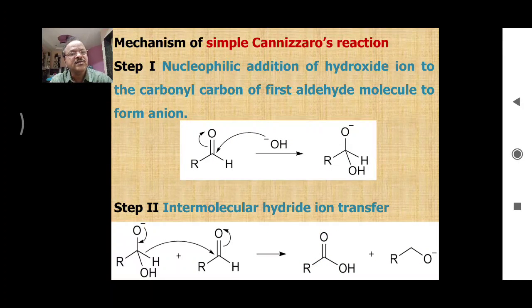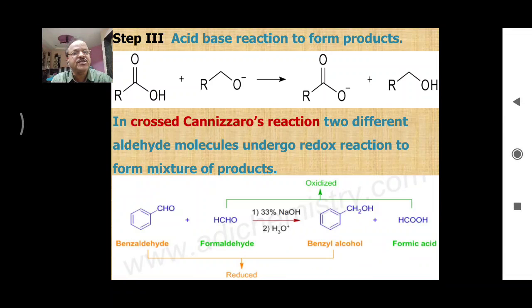Now this is the RCH2O minus, and this RCH2O minus and this acid undergo acid base reaction in step number 3, acid base reaction to form products. So this is the acid which is obtained in step number 2. This is the alkoxide ion obtained in step number 2.